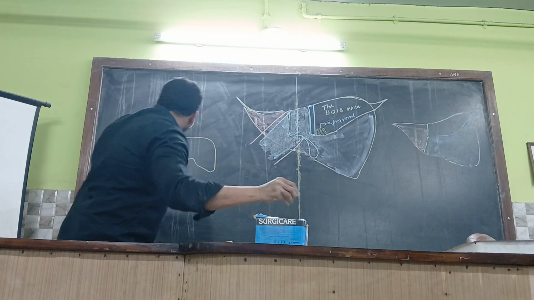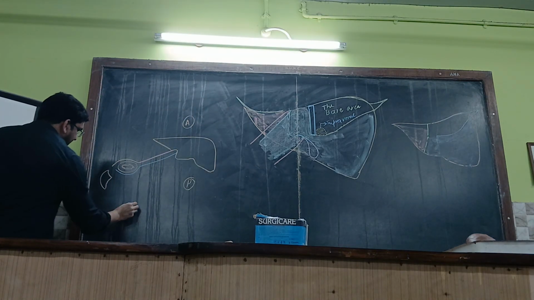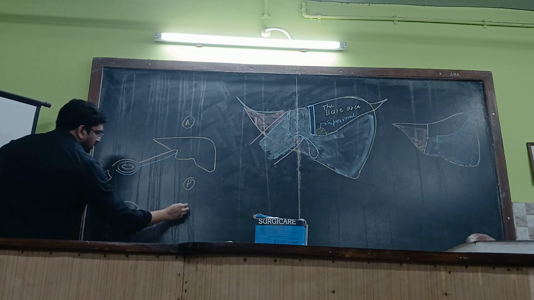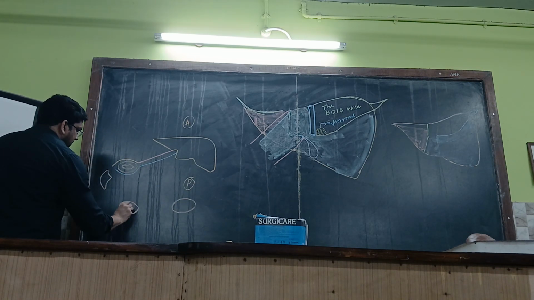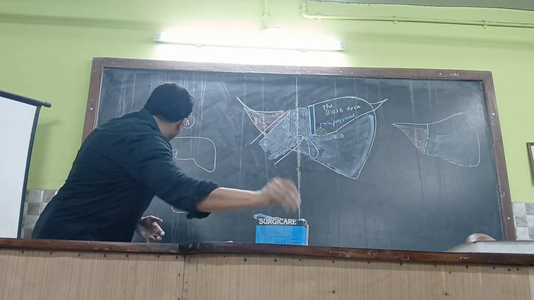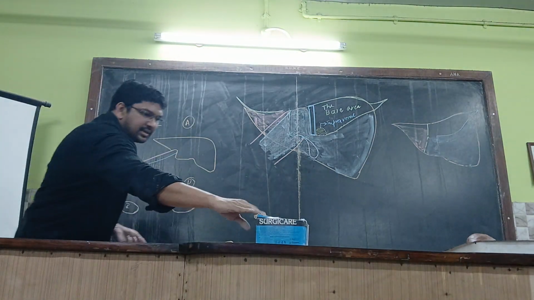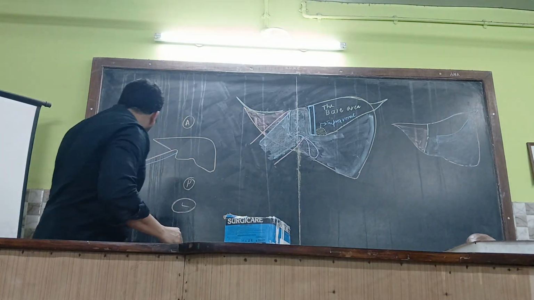And now whenever it is reaching the spleen, the kidneys, this anterior layer, the pink color, so that will be the left kidney.